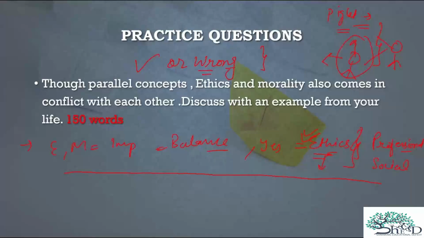And sometimes when balance cannot be maintained, depending on the professional and social situation, we should choose ethics, but not always, because sometimes, as an example, sati, even ethics are not right. Then morality comes into play. So it depends on the situation, on the space and time where we are, and according to that we should choose.